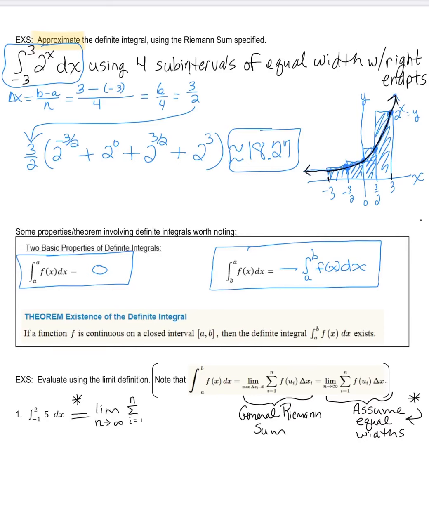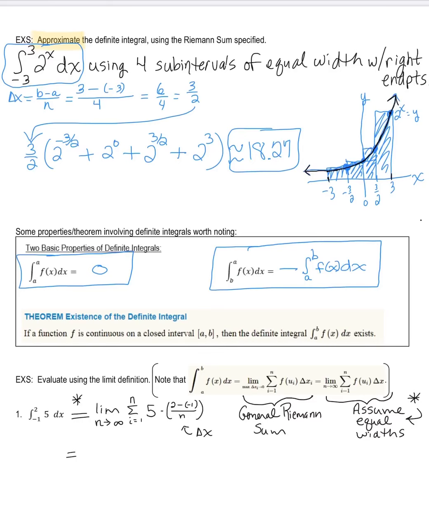This function's just plain old 5. So that's just going to be 5, and then times our delta x. Well, our delta x with common widths is going to be b minus a, so upper minus lower, divided by n.